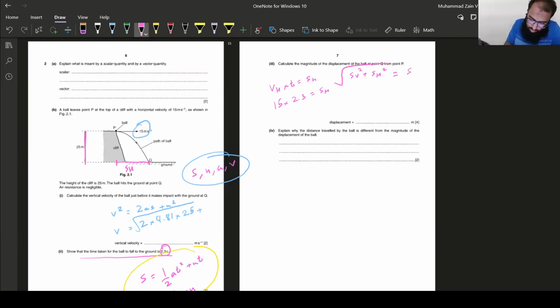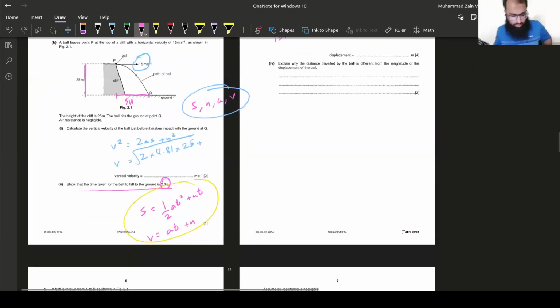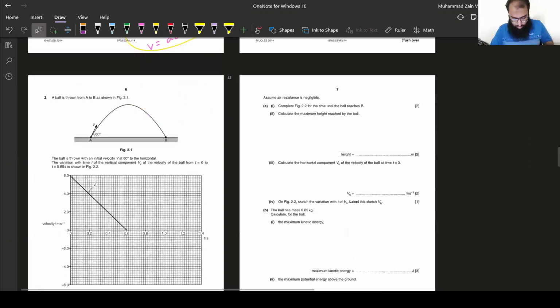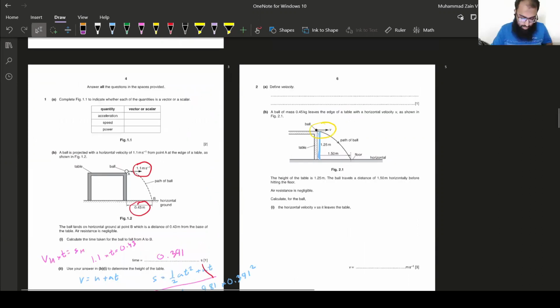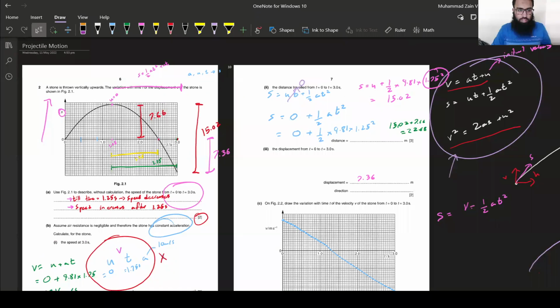I won't go to the answer, but I hope this methodology is clear. And now the next type of questions. If you could see, there are different types of questions in the exam. One type of question would be just the ball going up vertically and coming vertically downwards, which is not projectile motion, because projectile motion is mostly two-dimensional, and this is just one-dimensional. It is a projectile, but that's not the typical projectile motion that we do.